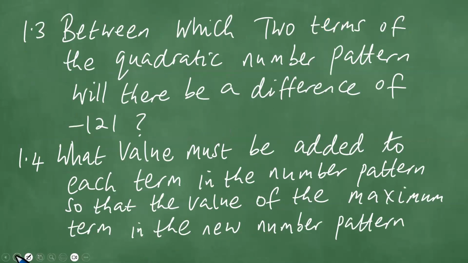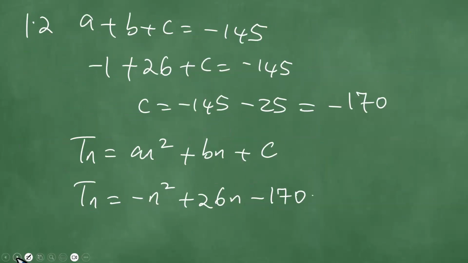Next question: between which two terms of the quadratic number pattern will there be a difference of minus 121? Obviously we're looking at the first differences. These first differences yield a minus 121, so that would be 1.3.